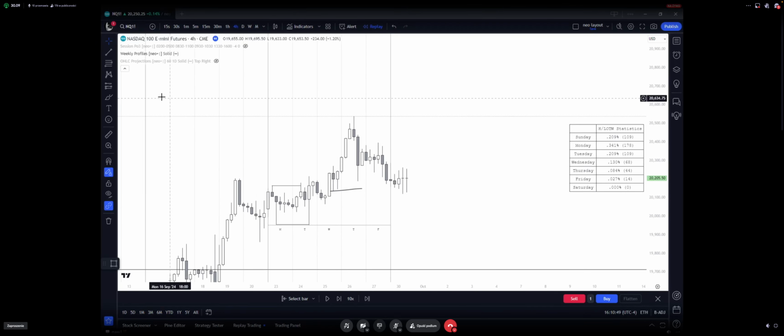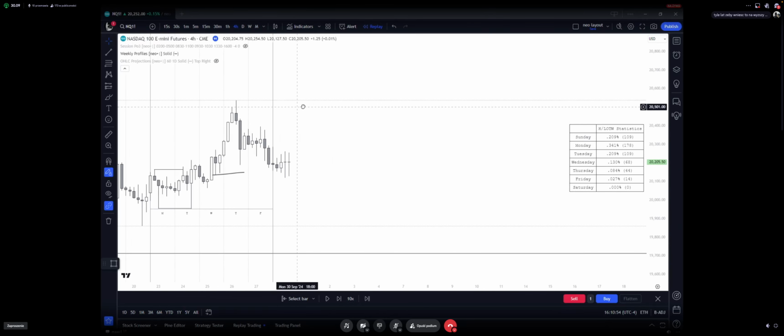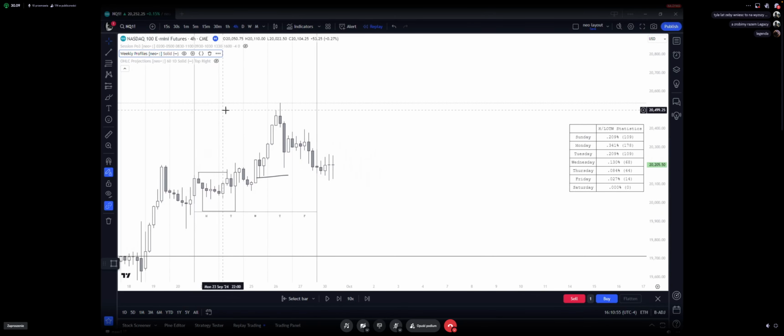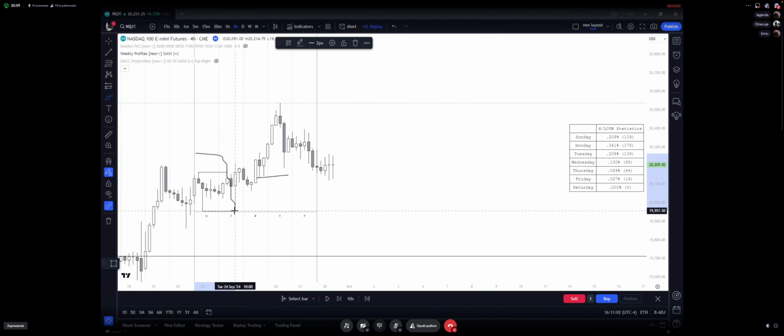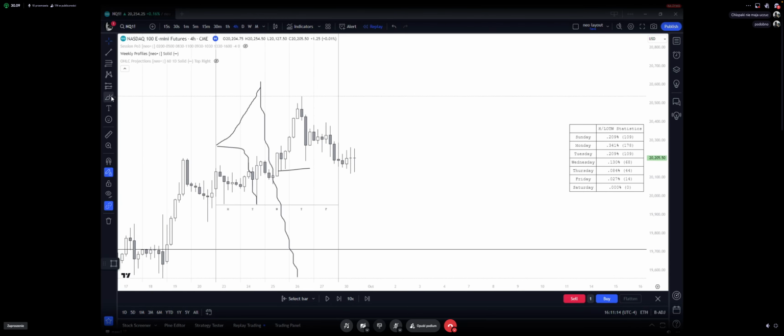And what do I mean by high or low of the week? Well, if you're looking at a weekly candle, your weekly candle is going to open, and then on a day of the week, it's going to go down and make the low of the week or the high of the week. And then after that point, it's going to distribute to the opposite side, right? And that's what the indicator is looking at.